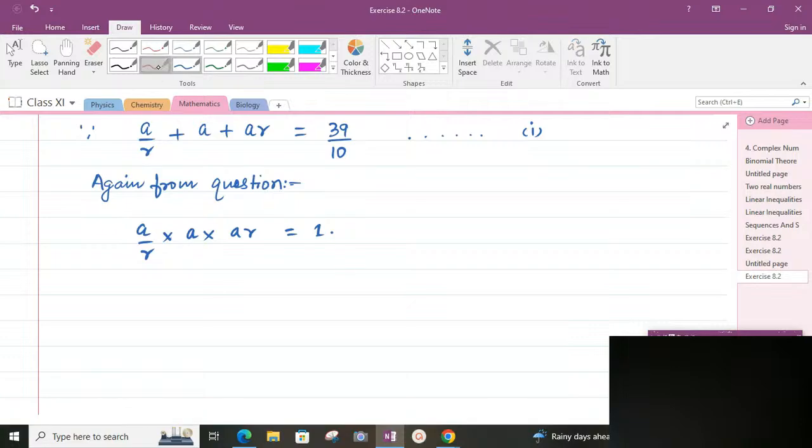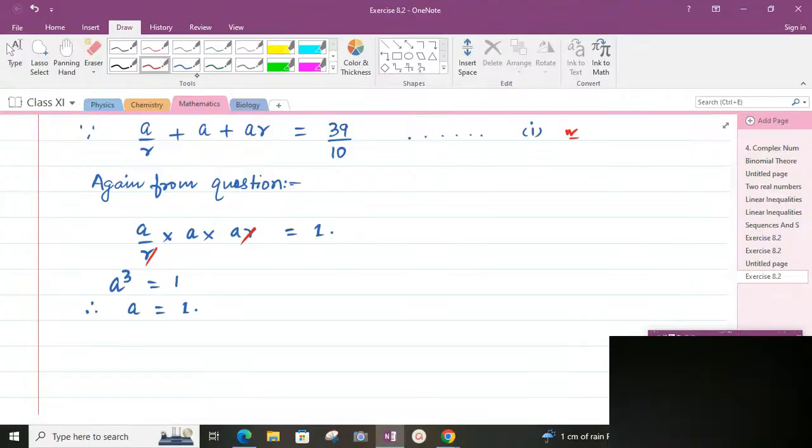So here r is cancelled out. Therefore a cube equal to 1. Therefore a equal to 1, the cube root of 1 is 1.